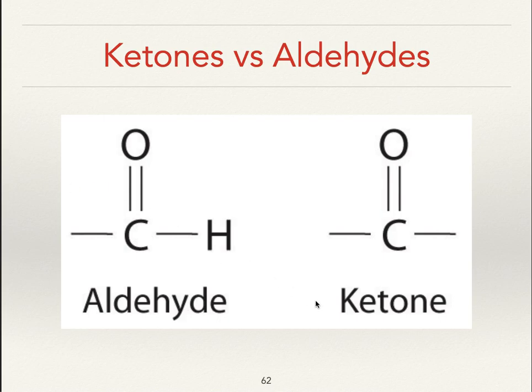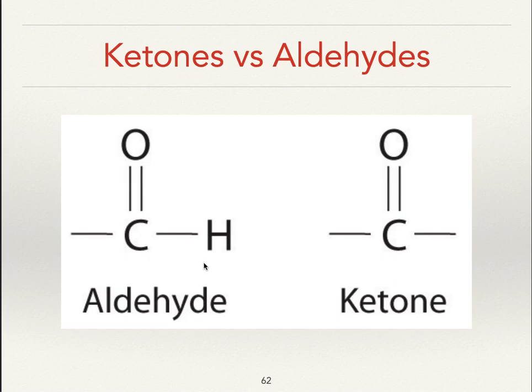So here's the difference between aldehydes and ketones. Here's the carbonyl group. That's the functional group of a ketone. Here's the carbonyl group with a connected hydrogen, and that is the functional group for an aldehyde. What this means is that the ketone is going to have its functional group in the middle of the molecule because there's going to be one piece coming off the right and another piece coming off the left.